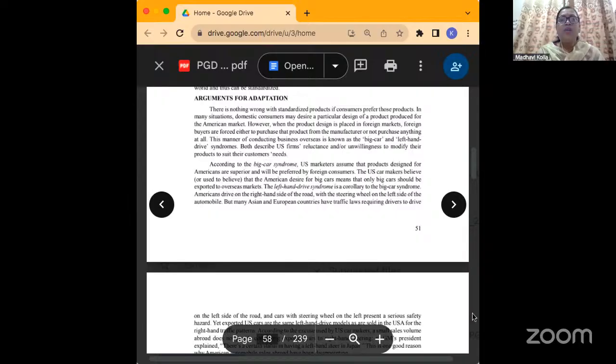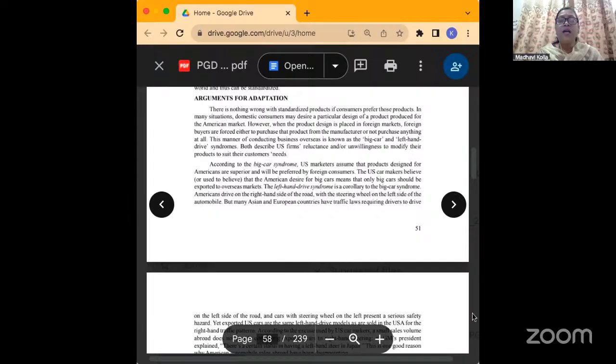However, if you're talking in terms of, say, something like an automobile industry, there we cannot have a standardization. For example, if you are talking in terms of India and Europe versus an American car, there is a big difference in terms of left-hand driving and right-hand driving. So that means the steering wheel cannot be the same in both the market conditions.